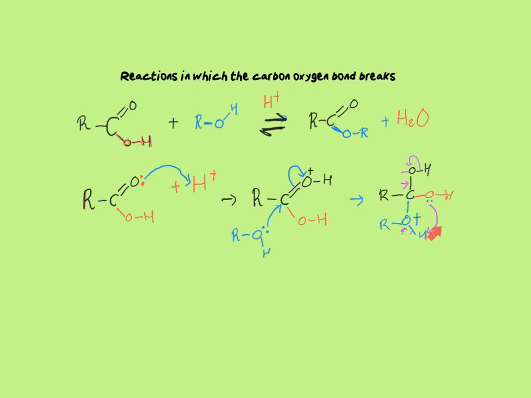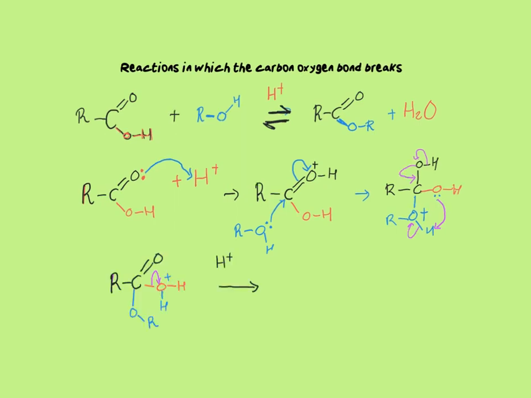At the same time, we regain the double bond oxygen as this proton here is released. The original OH group from the carboxylic acid has now gained a proton. This bond breaks, releasing a molecule of water.